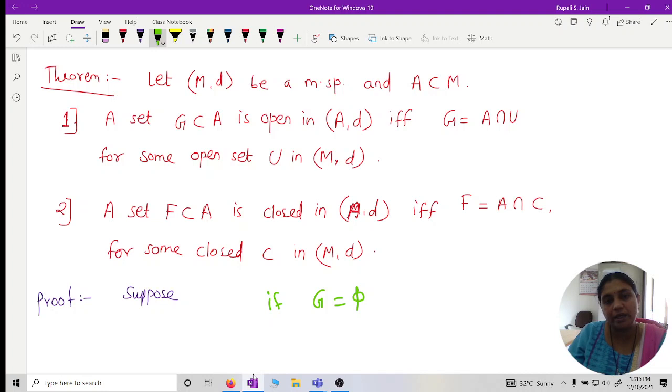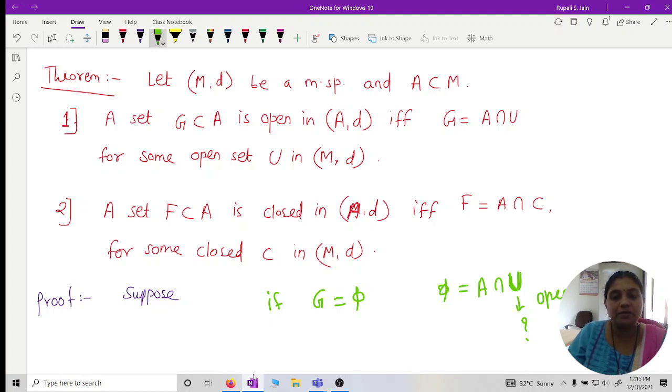I don't know what is A. I want to write empty set is equal to A intersection U. What U should I choose, which is open set in MD? What should be that U which is open in MD?